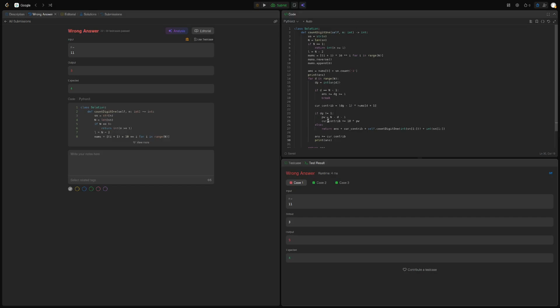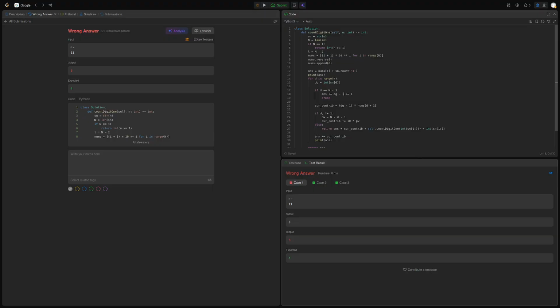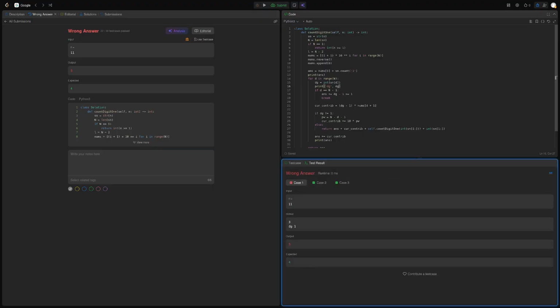So only thing that is left to count is number 10. That's weird. So digit is 1. Digit is 1.